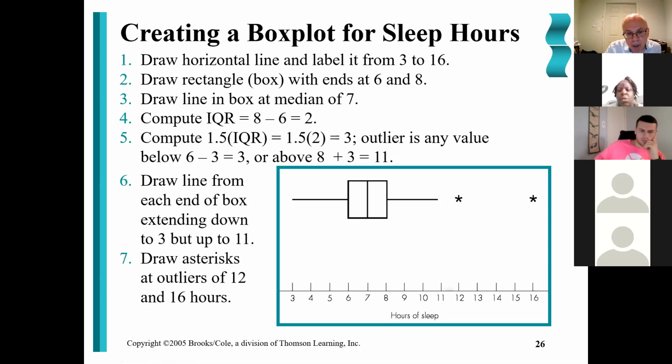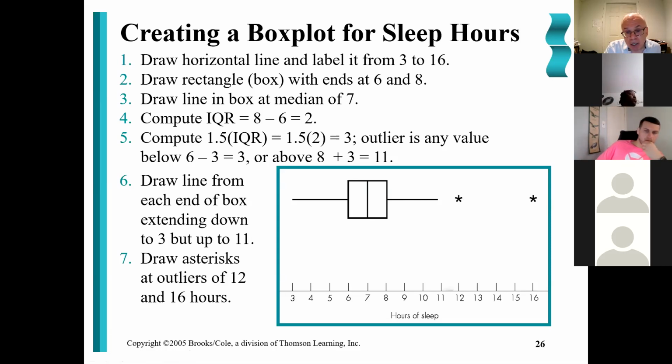They are more than 1.5 IQR away from the upper quartile. I hope this makes sense. What they're trying to determine is, are these data points so far away from this box that they would be considered unusual, unusually large?